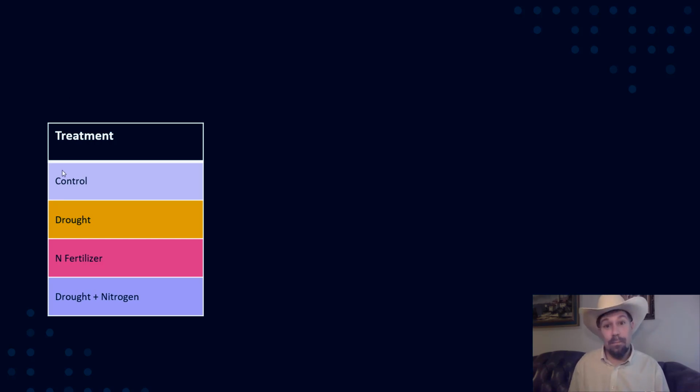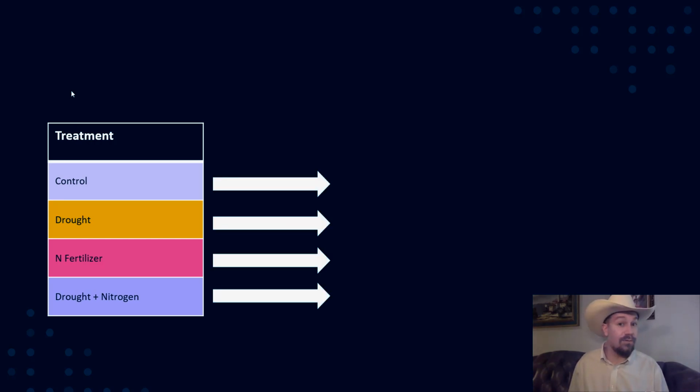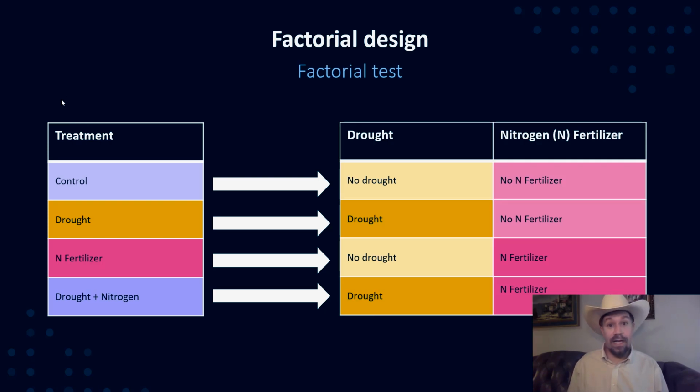Hence, treat this as a multi-level model or a factorial model where you break up the one treatment column into 2 columns, one with drought, one with nitrogen fertilizer, and test each of these levels, drought and nitrogen, and the interaction between them. That fully uses the power of this experimental design.